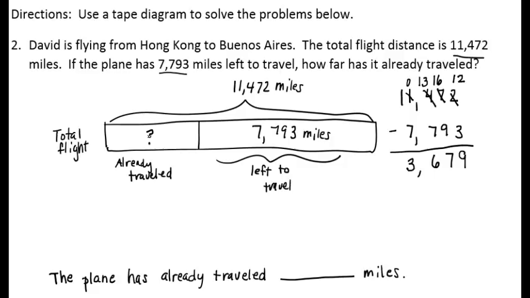That means that the plane has already traveled 3,679 miles. Once it travels the rest of the amount, 7,793 miles, it will have reached the distance of 11,472 miles.